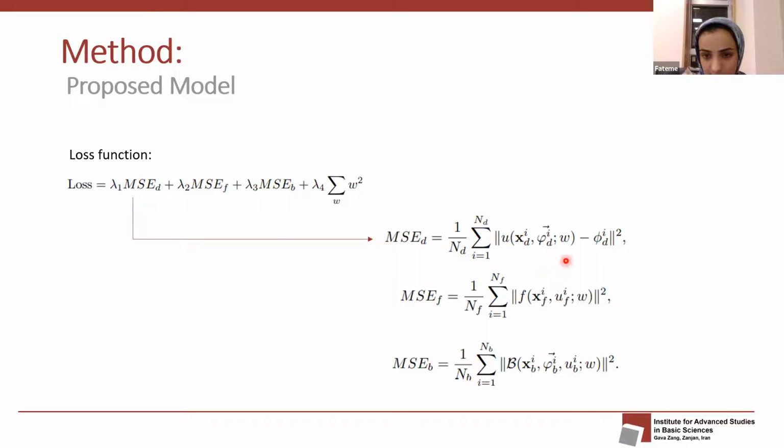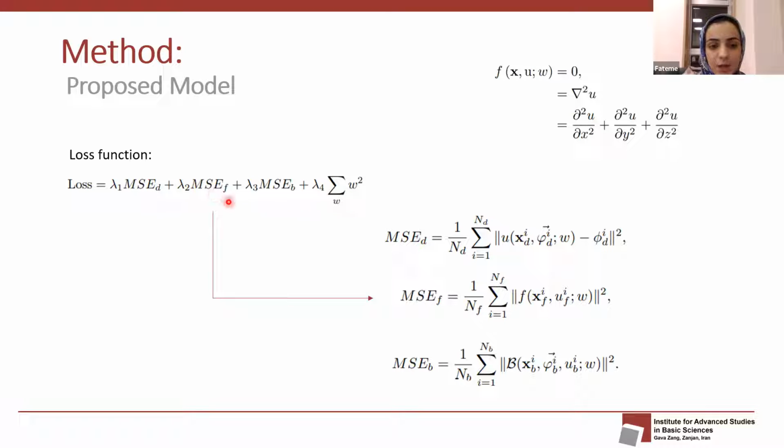Here U is the predicted smooth potential, and phi is the true potential.